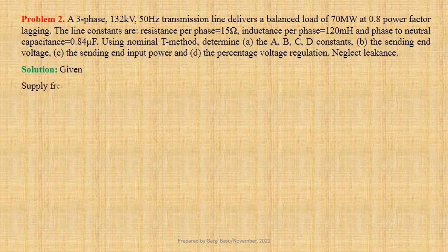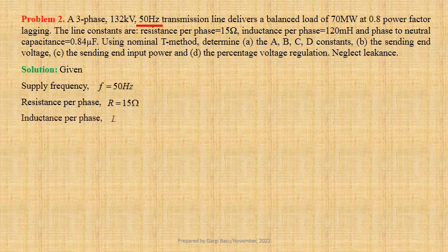Given supply frequency f equals 50 Hz, resistance per phase R equals 15 ohm, inductance per phase L equals 120 millihenry, that is equal to 0.12 Henry, and capacitance per phase C equals 0.84 microfarad, that is equal to 0.84 into 10 to the power minus 6 farad.